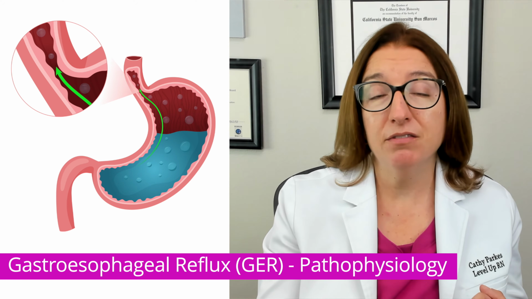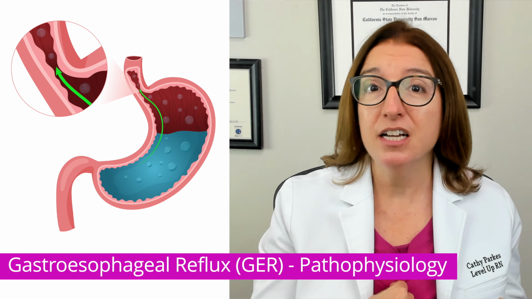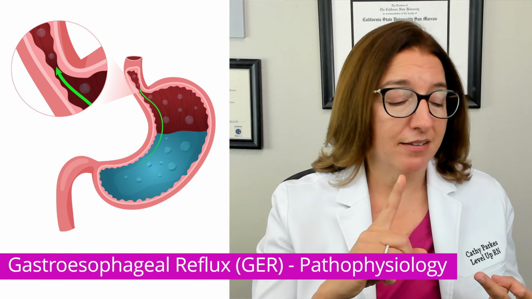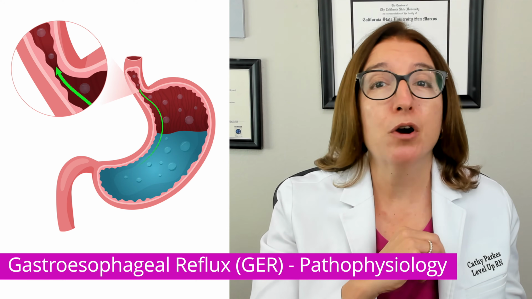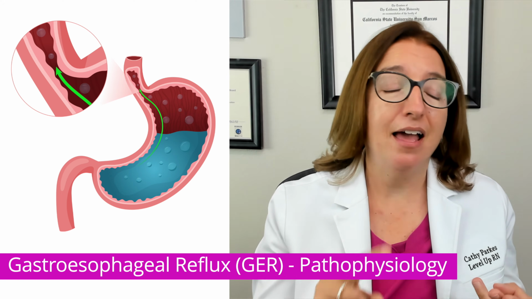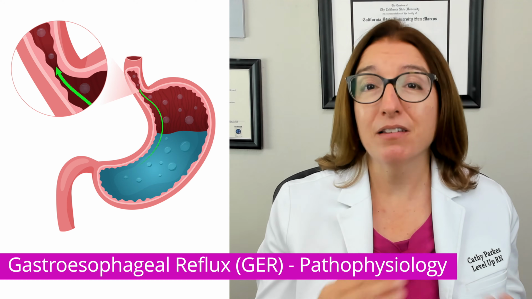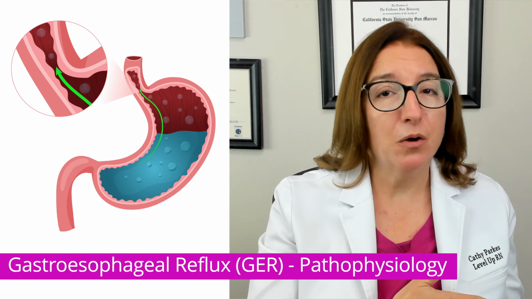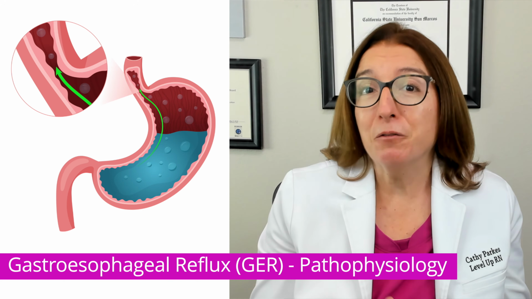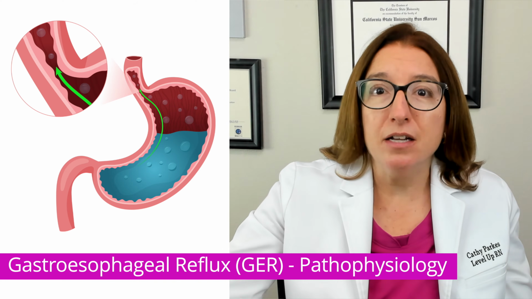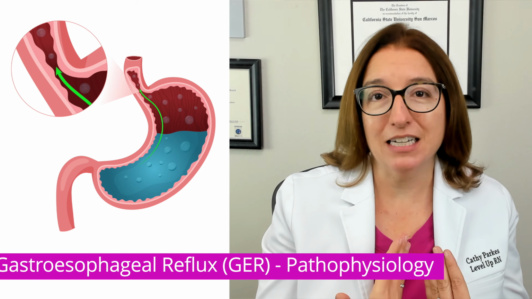So first of all, their lower esophageal sphincter is underdeveloped. And then second of all, they consume a primarily liquid diet. And then third, they spend a lot of time on their back. So all of these factors make it really easy for that liquid to backflow into the esophagus.